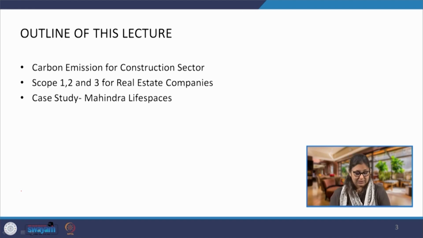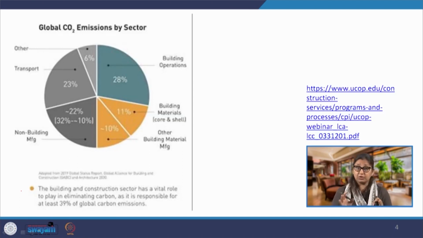Mahindra Life Spaces. If we look at the overall global carbon emissions by sector, we will see that building operations, building materials, the production of them and other manufacturing for building materials, that takes up around 50% of the total GHG emissions of the world.